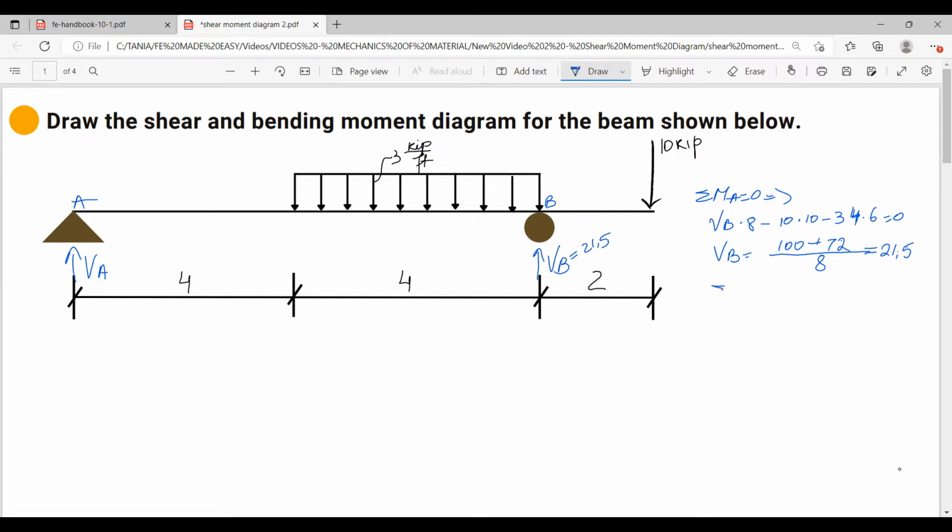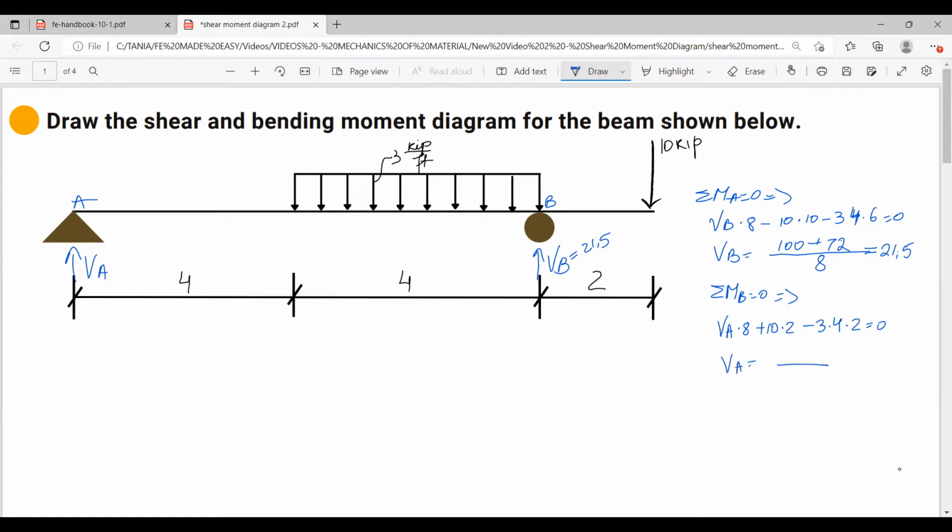I'm going to do sum of moments at point B equals 0. And from here I'll have VA times 8 plus 10 kips times 2 minus 3 times 4, and the arm is 2, equals 0.